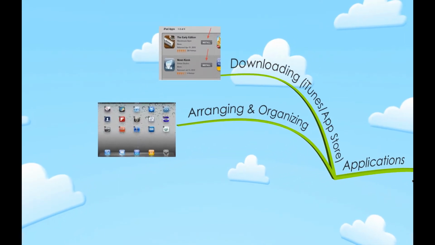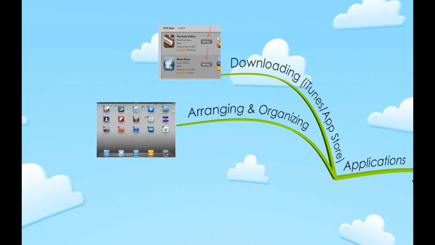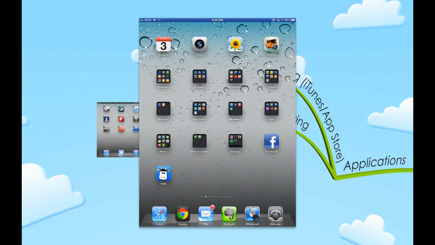Once you've downloaded them and you want to keep track of them, you need to be able to arrange them, and doing that is as simple as pressing and holding until you see them start to squiggle a little bit, and from there you can just move anything you want anywhere you want on the screen, just like that.